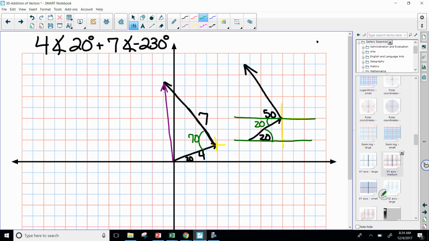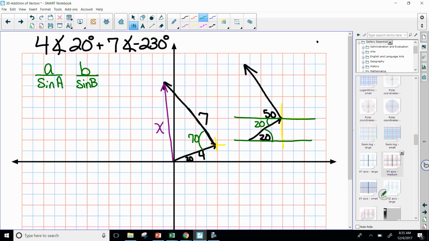Okay, so let's figure out what the magnitude is. The magnitude of my force, I want to know, what is that right there? My object feels like it's being pulled with which amount of force? How can I find that? Well, I have an angle and the side opposite. Do I know any other angle and the side opposite? Because using the law of sines, I have to know a side and the angle opposite of that, and I have to know another side and the angle opposite of that.